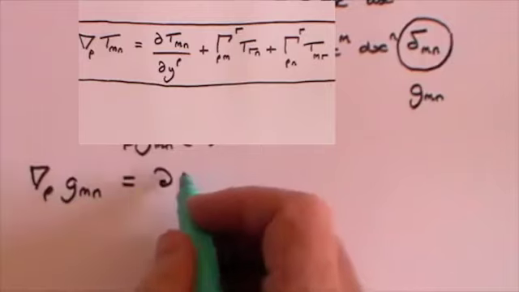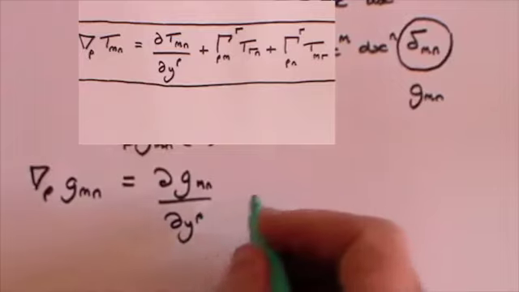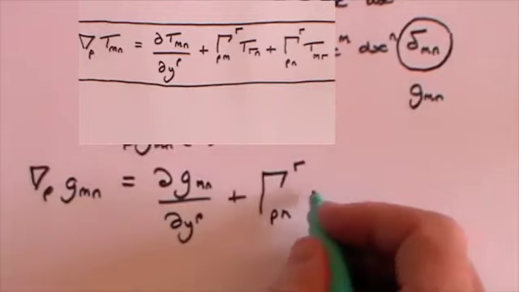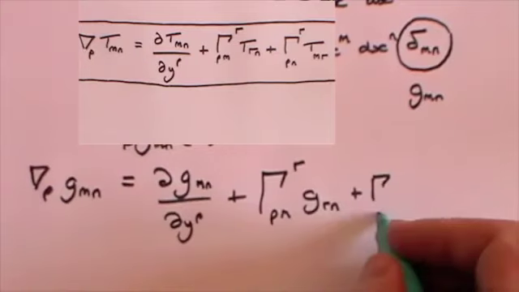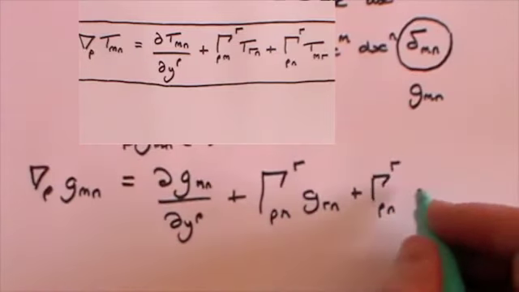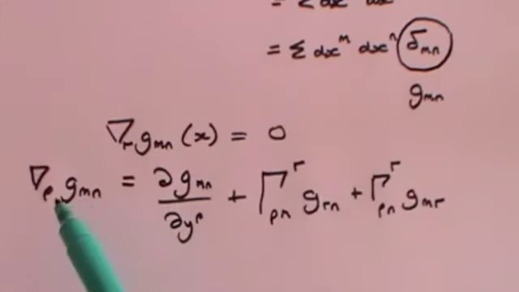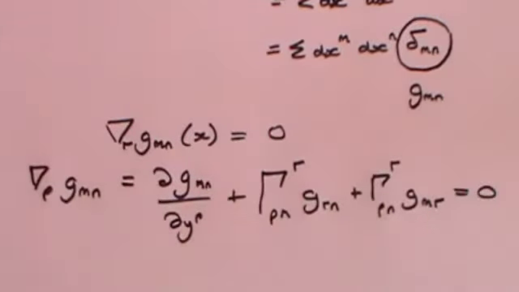So I'm going to get dgmn by dyp plus the Christoffel symbol pm and r of grn plus the Christoffel symbol pnr of gmr. And what I can now tell you is that the covariant derivative equals 0, so I can put that as 0.